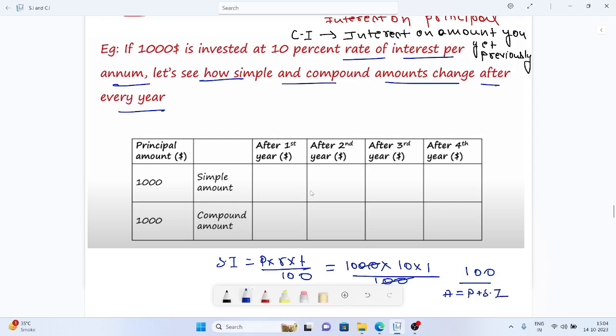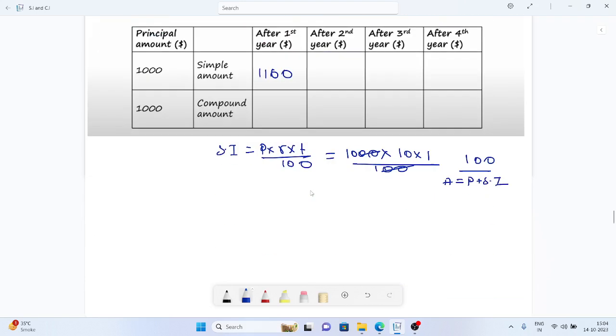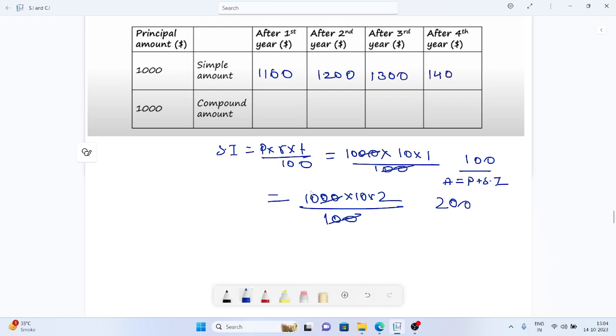Principal plus simple interest, here 1100. Now after the second year, instead of 1 year there is 2 years, because you have to calculate the interest on the principal amount, so you get 200. So here the amount is 1200. After the third year it is 300, and so on.